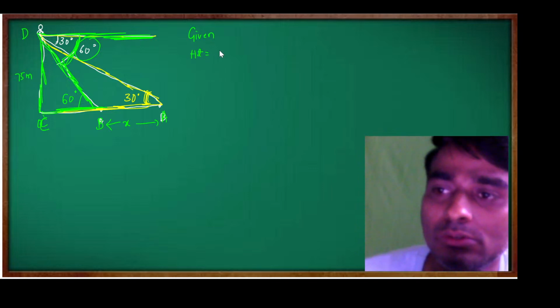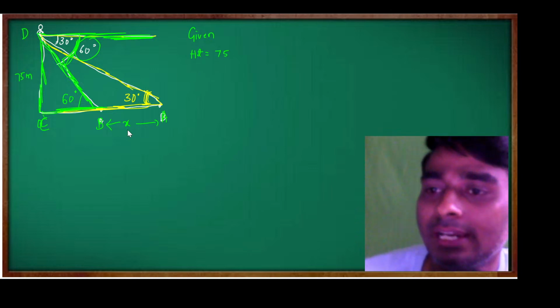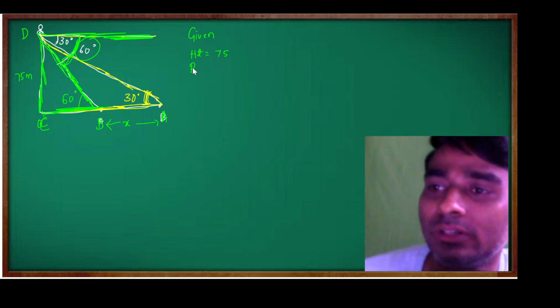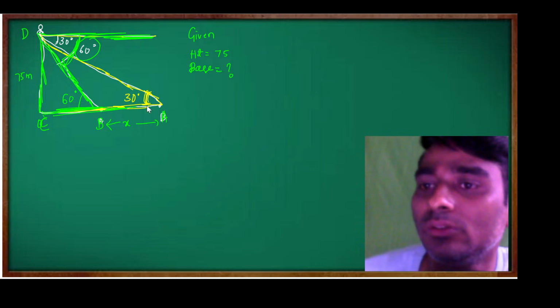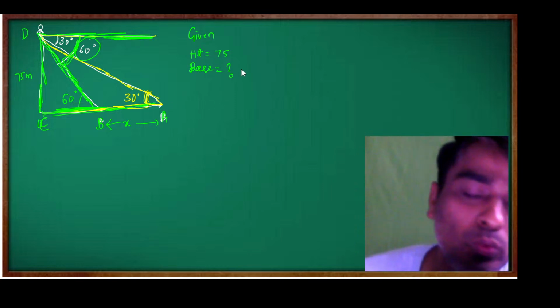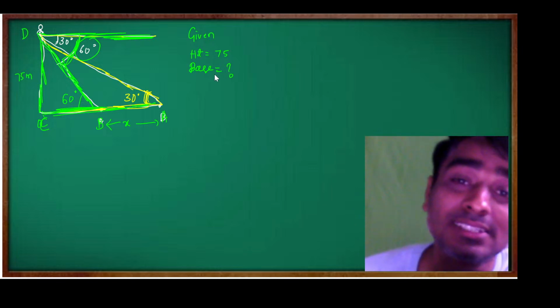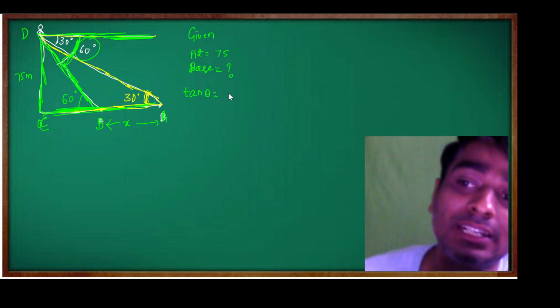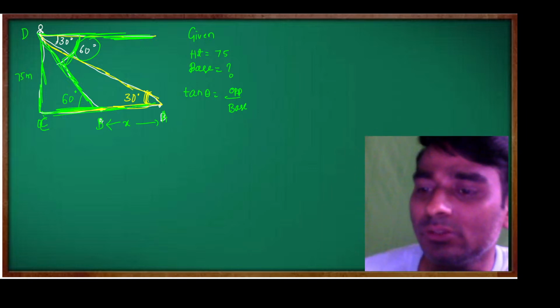Height equals 75, and this x is the base. What do you need to calculate? Base equals question mark. Hypotenuse you don't need, it doesn't matter. So which trigonometric function connects base and height? Tan. So we will use tan theta equals opposite upon base.